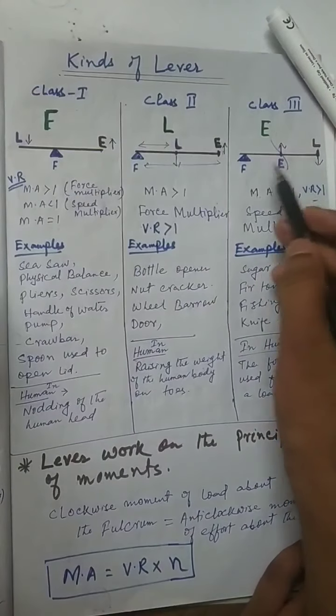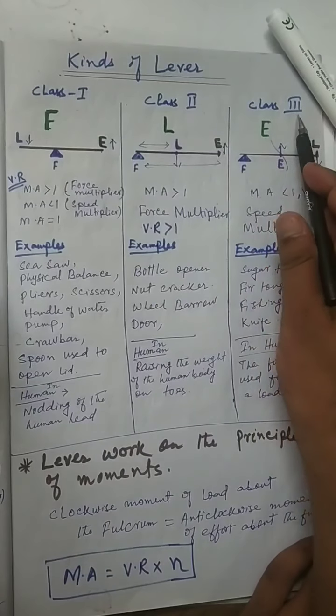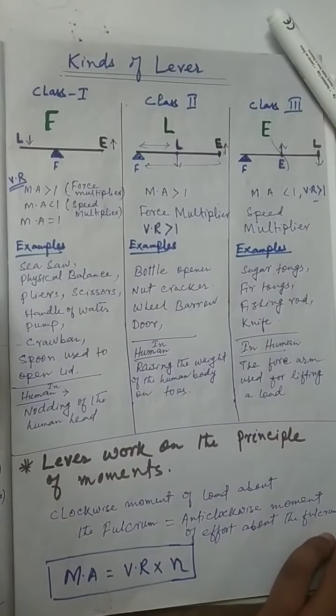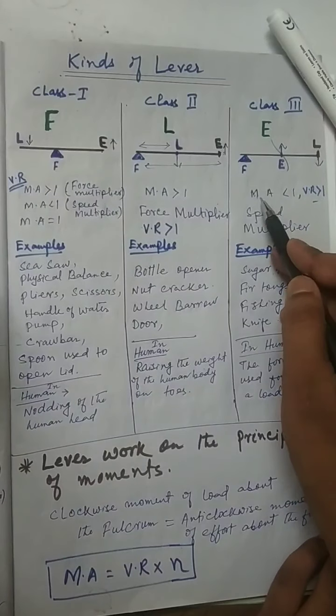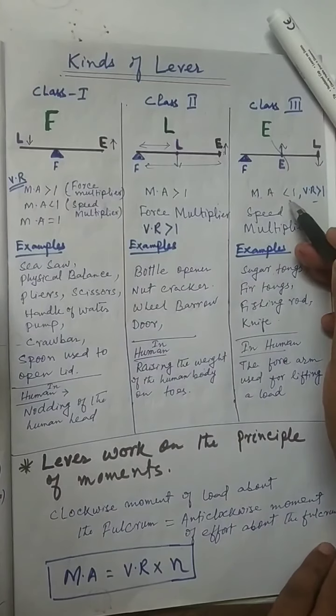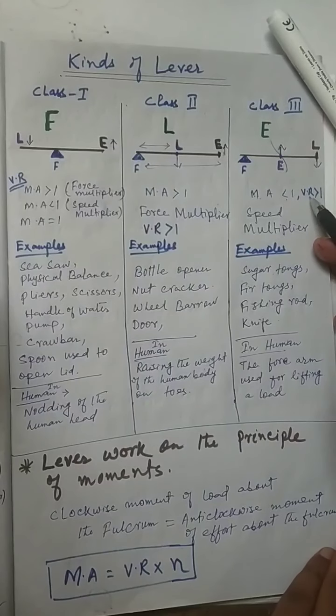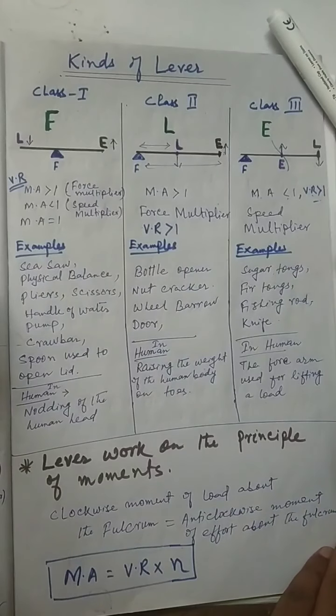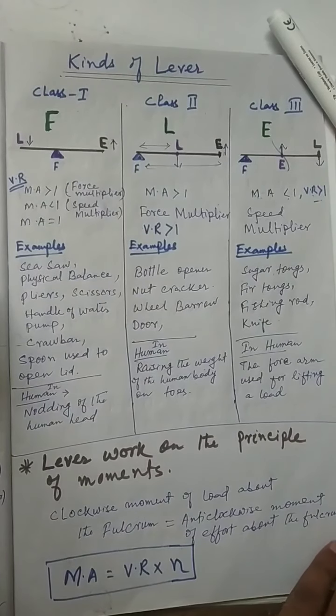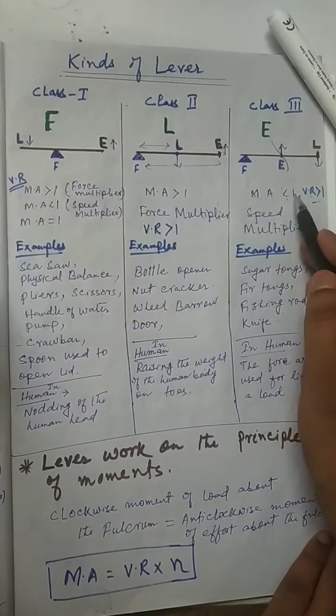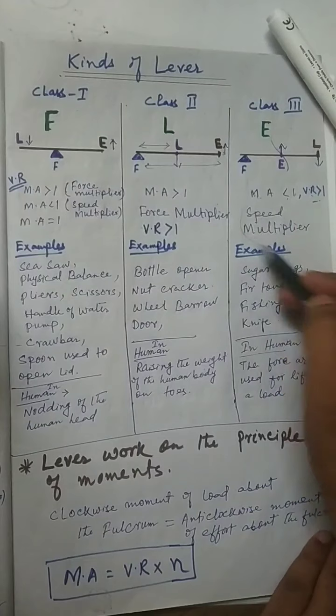Okay, for a class 3 lever, mechanical advantage is always less than 1, and VR is always greater than 1. So if mechanical advantage is less than 1, then it is a speed multiplier.